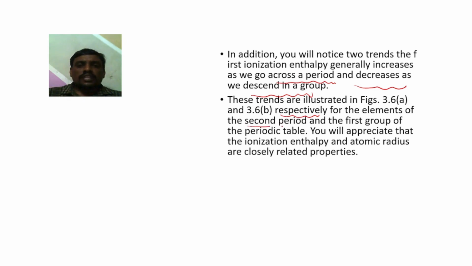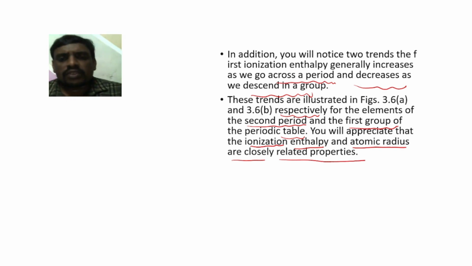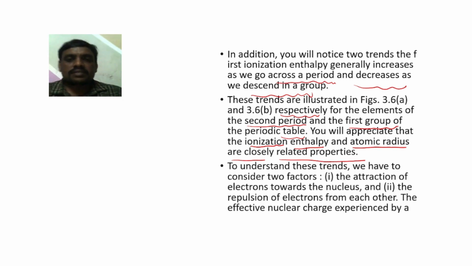For the elements of the second period and first group of the periodic table, you will appreciate that ionization enthalpy and atomic radius are closely related properties. So far we have seen first, second and third ionization enthalpy, but ionization enthalpy and atomic radius are both correlated properties.